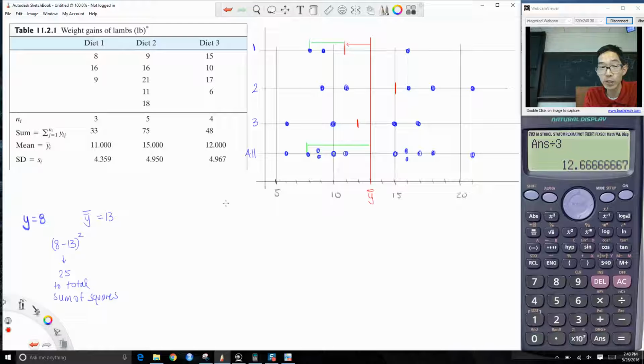And so we're going to break apart this total distance of 5 into the group average, which is 11, and this individual difference, where this lamb gained less compared to the rest of his group. So there's a difference between y bar and y double bar of 2 units, and on top of that, another 3-unit difference. So we're going to break apart this into this and this.